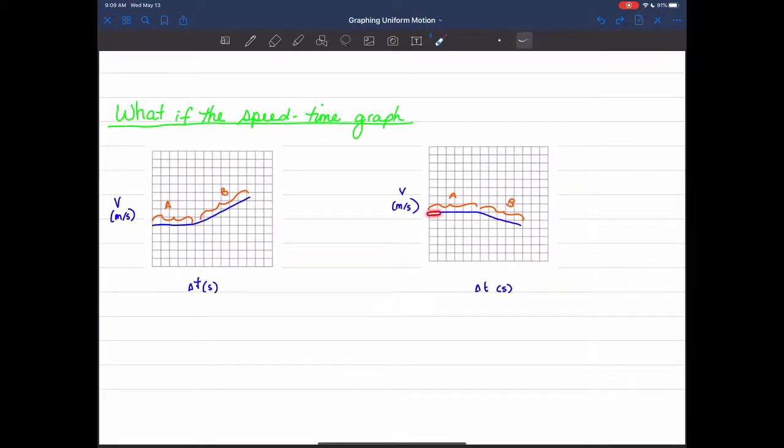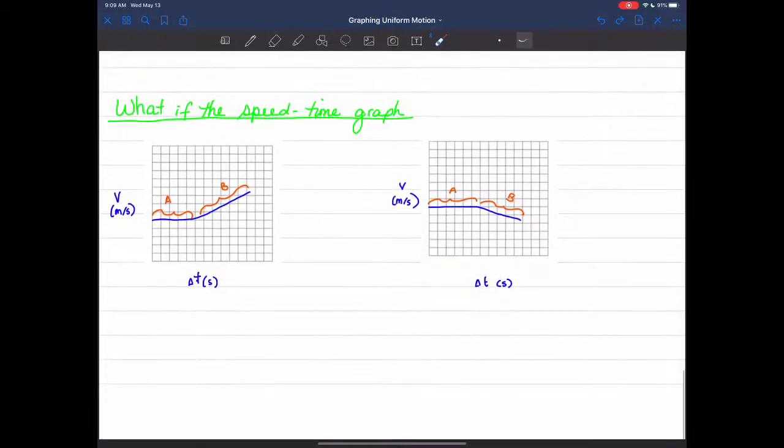Whereas here, I have uniform motion and then less speed over time, so my object is decreasing in speed. So at B, we have an increase in speed, and here at B, we have a decrease in speed. Okay, and so there you have it.